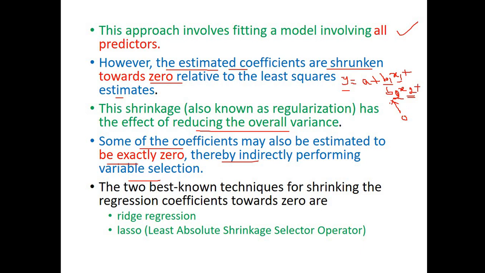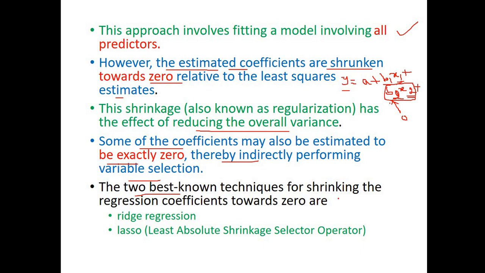So when b2 becomes 0, this entire product will become 0. So when this term becomes 0, automatically its effect in the final prediction process will be 0. In that way we can make variable selection.